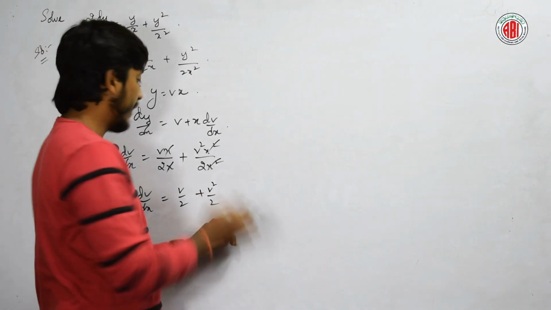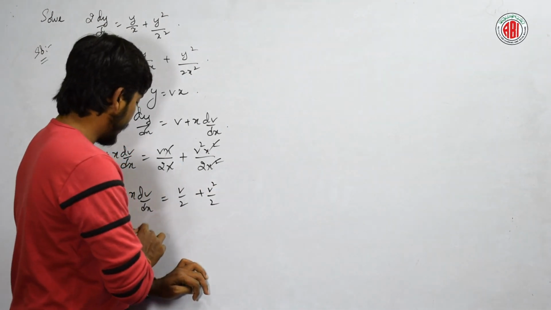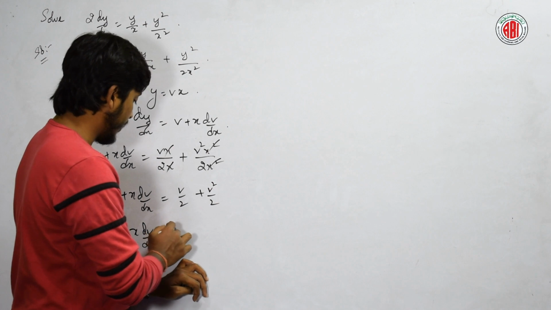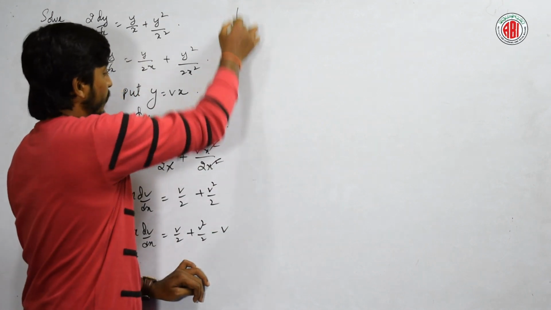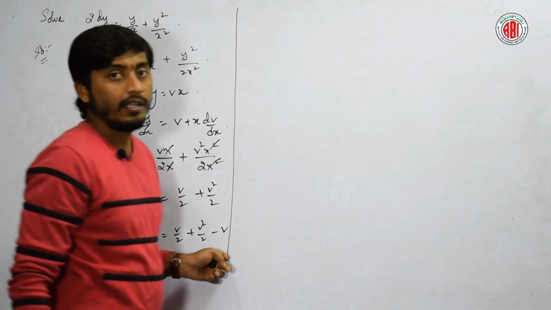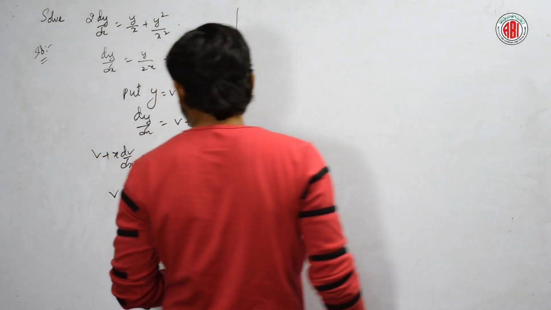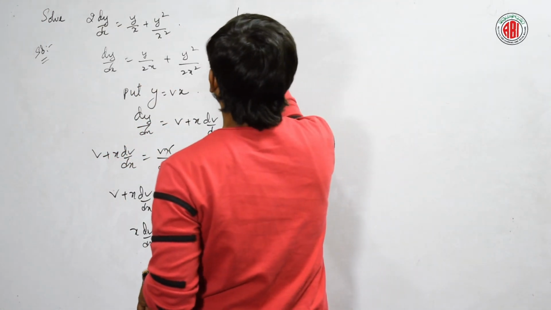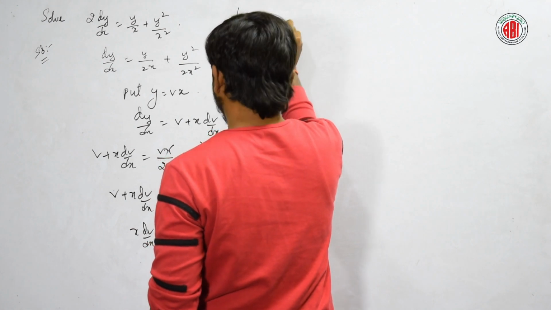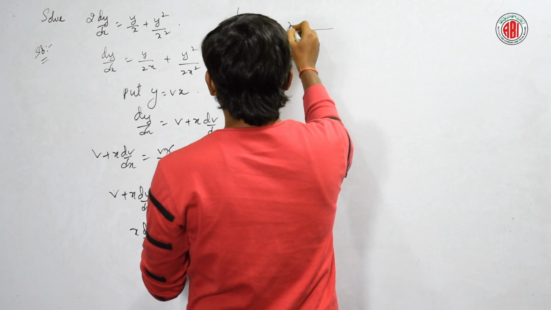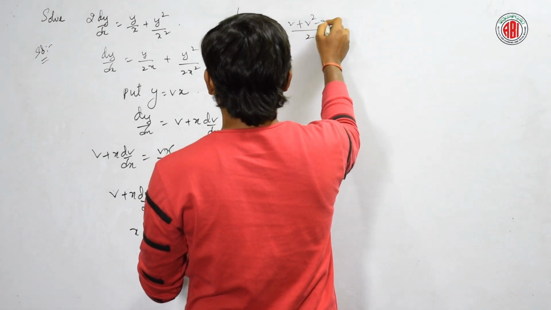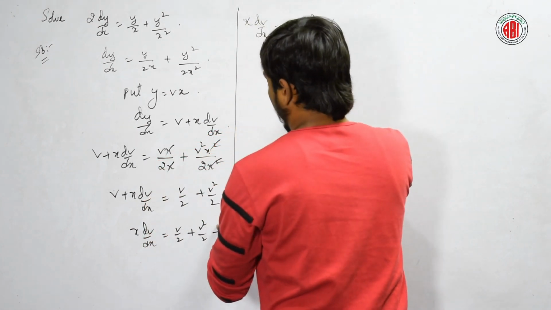Now finally v plus x dv by dx is equal to v by 2 plus v square by 2. Now let us send this v that side. That is x dv by dx is equal to v by 2 plus v square by 2 minus v. Is it right? So now let us simplify this term. x dv by dx is equal to, LCM is 2, v plus v square minus 2v, right?